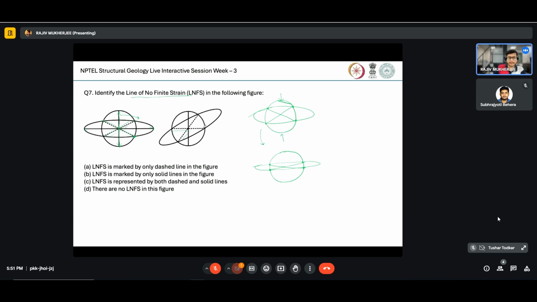And since option A says that LNFS is marked by only dashed line in the figure, option A is the correct answer. Okay.